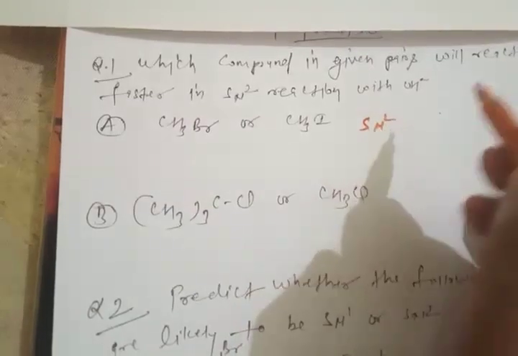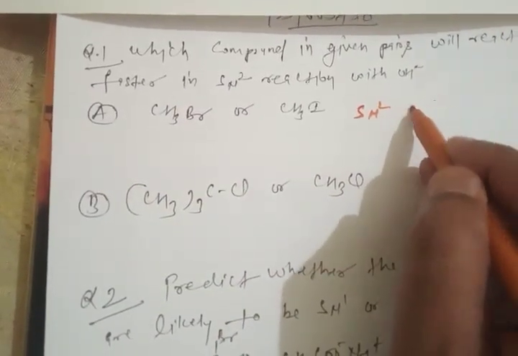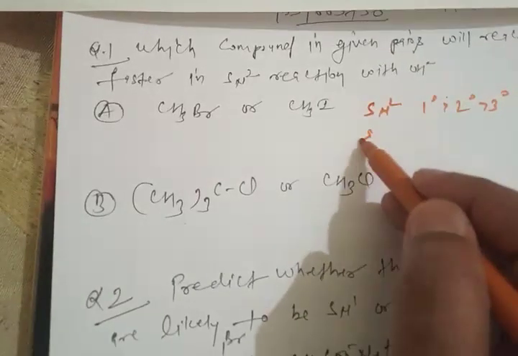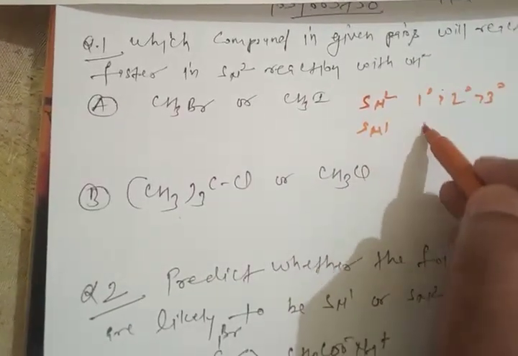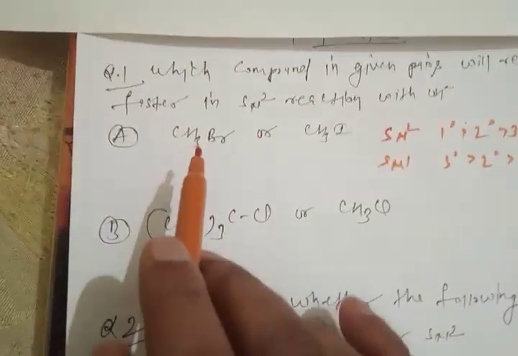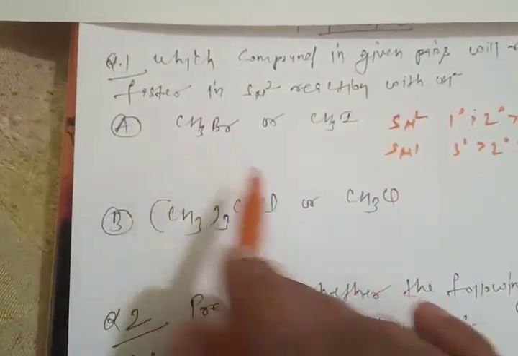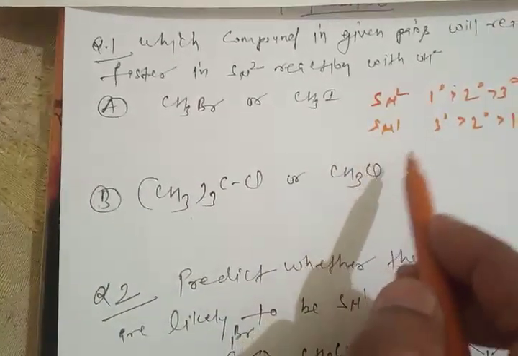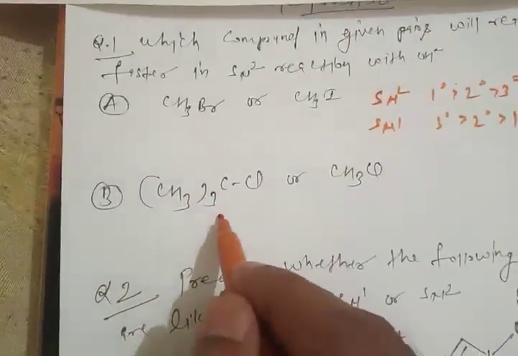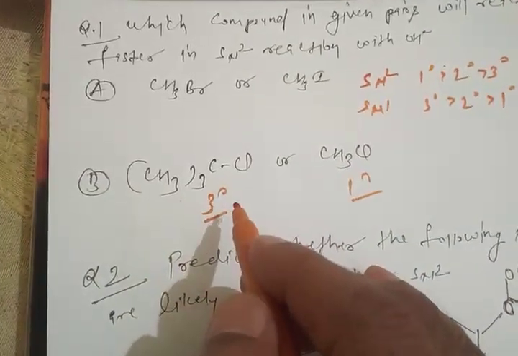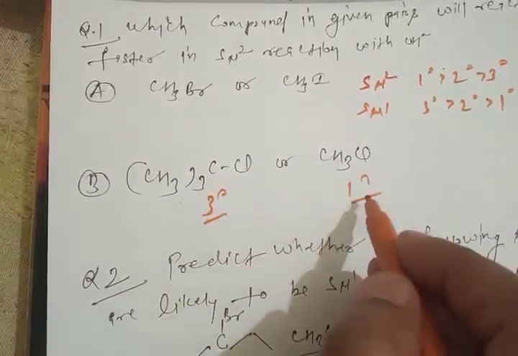The order in case of SN2 is 1, 2, 3, and in case of SN1 it is 3, 2, 1. Here we have a third degree carbon and here a first degree carbon.